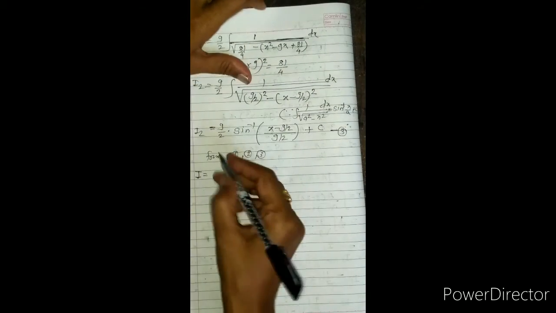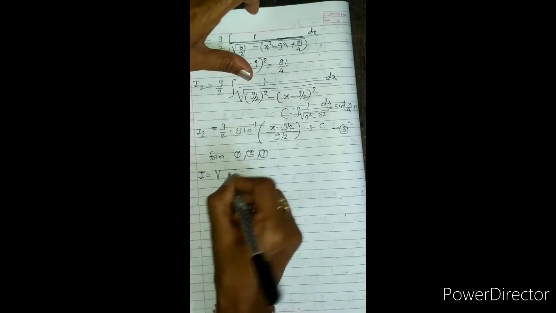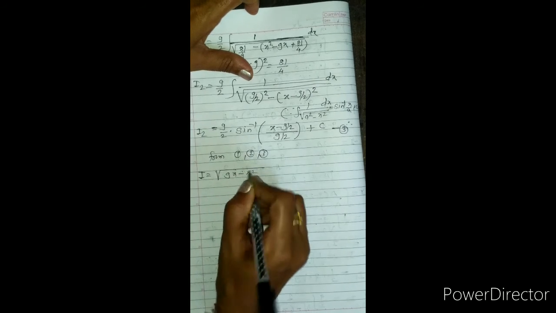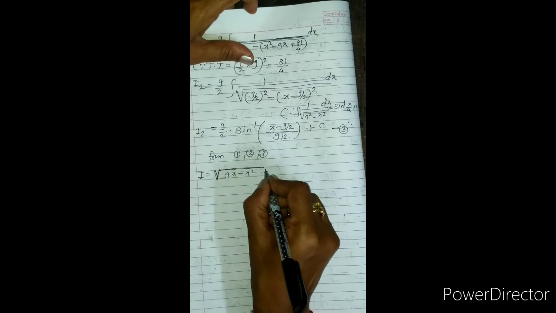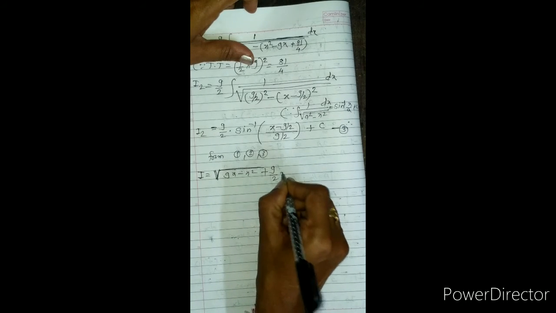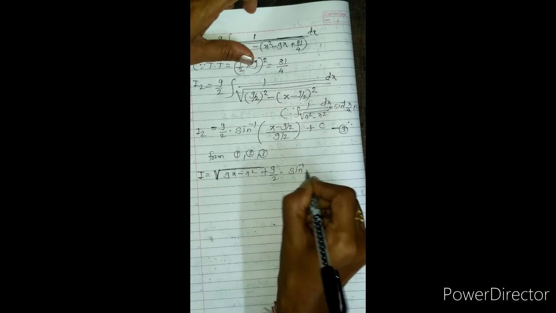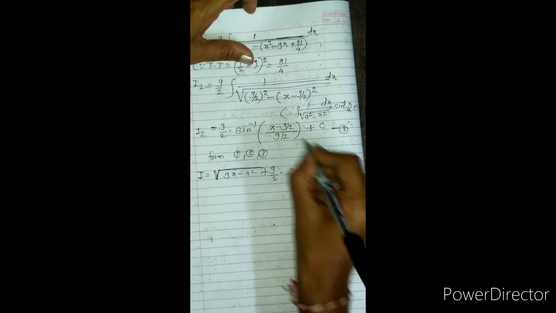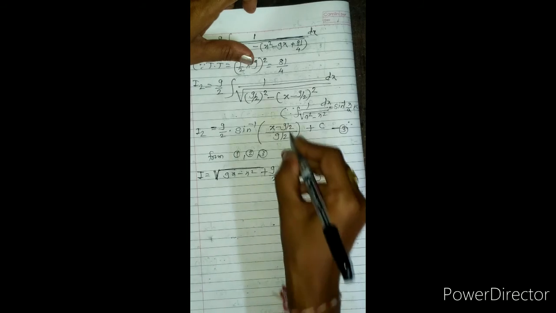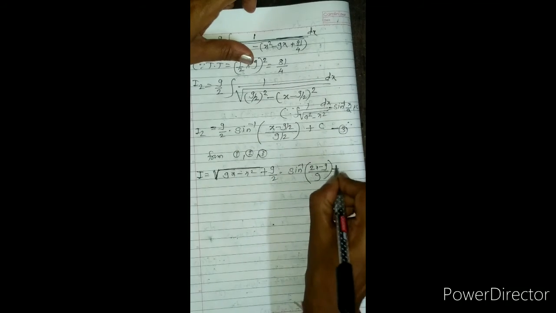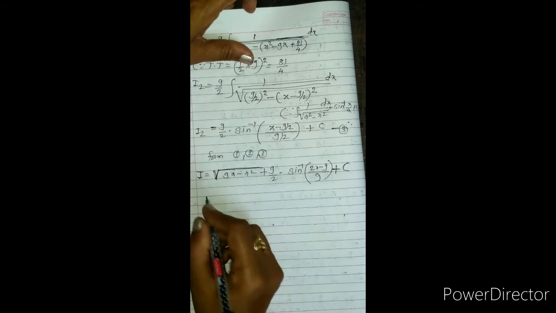So we get the integral as the root of 9x minus x square plus 9 by 2 times sine inverse of, now the simplification of this, 2x minus 9 upon 9, as the cancellation of this denominator, and plus the constant of integration.